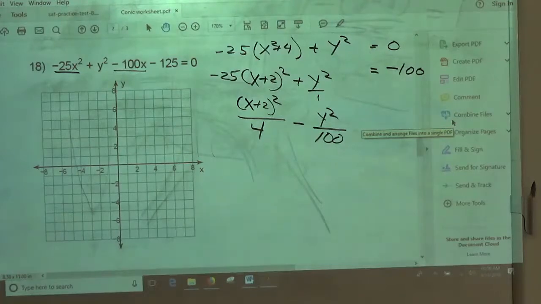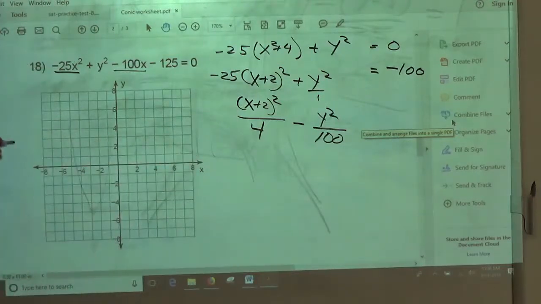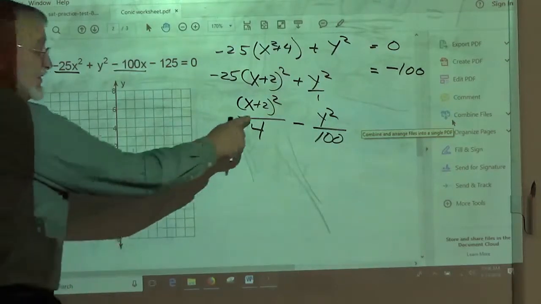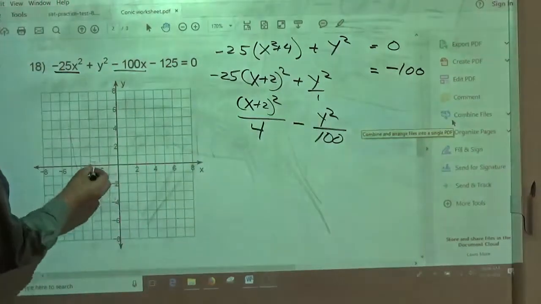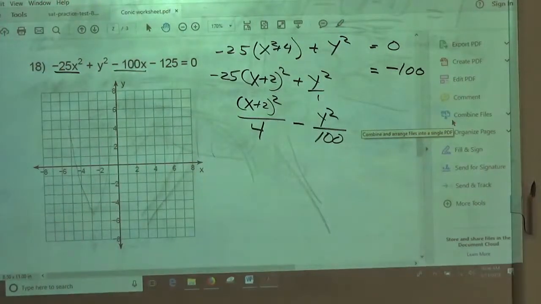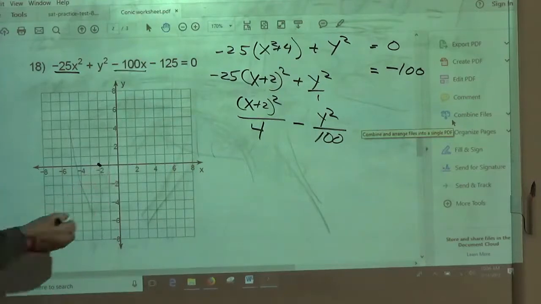See that? So, now this is a hyperbola that's going to use the x values. So where's the center? Opposite? No, 0. Negative 2, 0, right? Because there's nothing added to that. So, negative 2, 0 puts it here. Now draw the box.